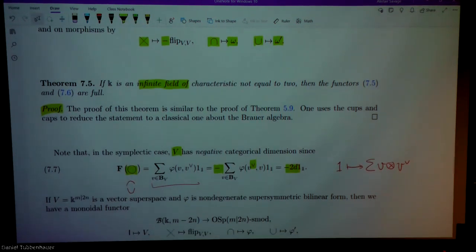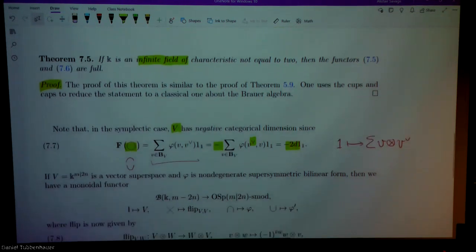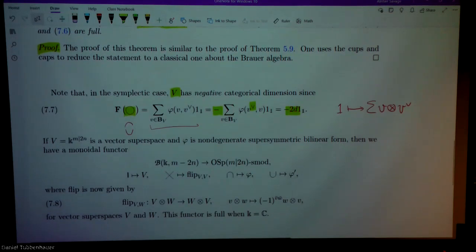Now, if you're familiar at all with superalgebras and the super world, you should immediately start thinking, well, really, I can combine everything here. What I should really be doing is I should take a super vector space. So this is something whose even piece is m-dimensional and its odd piece is 2n dimensional. And we should let phi be a non-degenerate supersymmetric bilinear form.